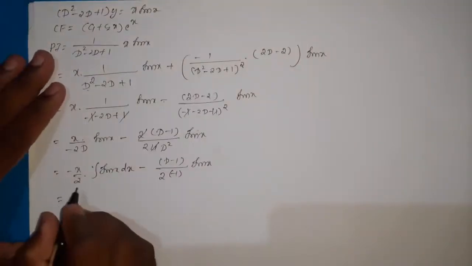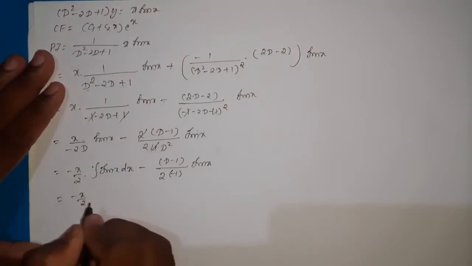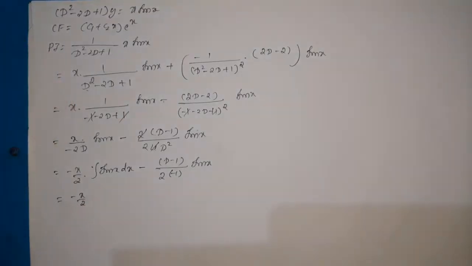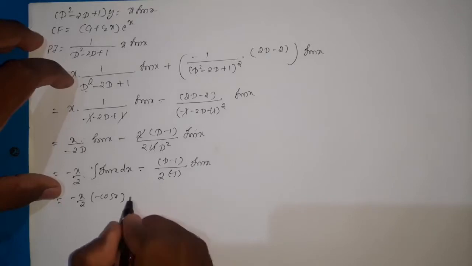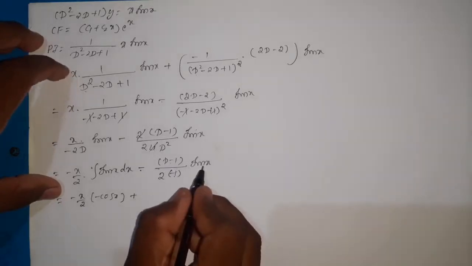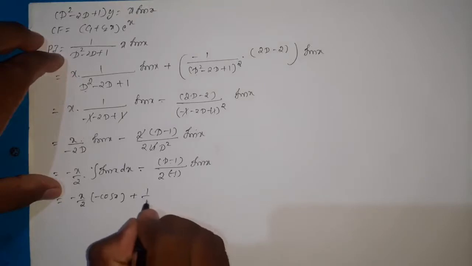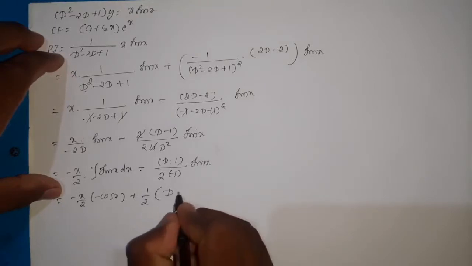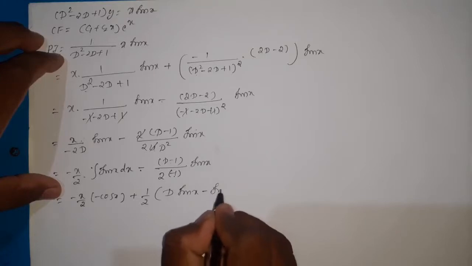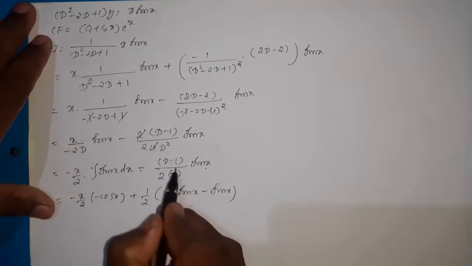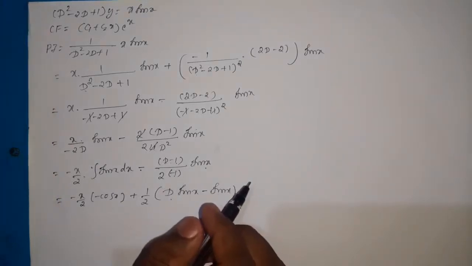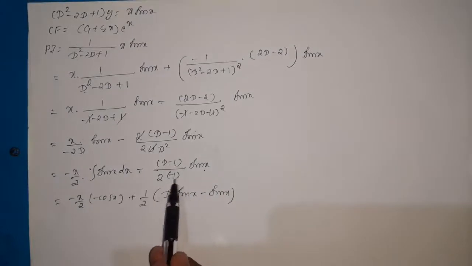Then minus x by 2, so integration of sin x is minus cos x, then minus into minus becomes plus, D minus 1 of sin x, means it is 1 by 2 into differentiation of sin x minus sin x, means multiplying this D minus 1 to sin x, D into sin x minus 1 into sin x, and here this minus into minus becomes plus 1 by 2.